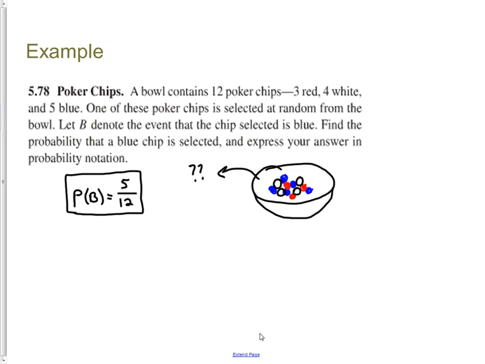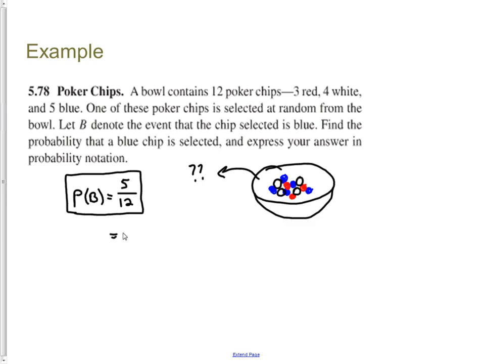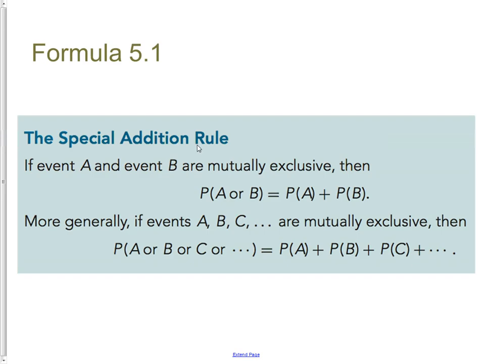We could also give that as a decimal: 5 divided by 12 gives 0.41667, so rounding to 4 digits, 0.4167 would be our decimal representation of that. But all we're really talking about is the probability, and when we use our notation, this is the way we would write it.